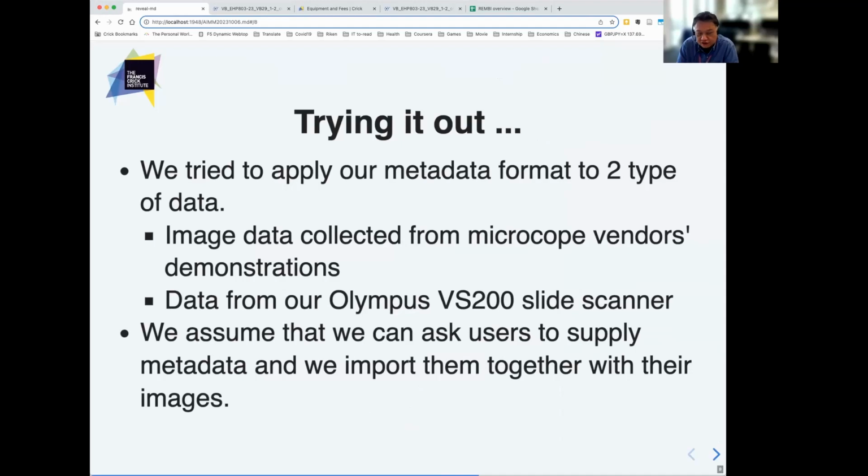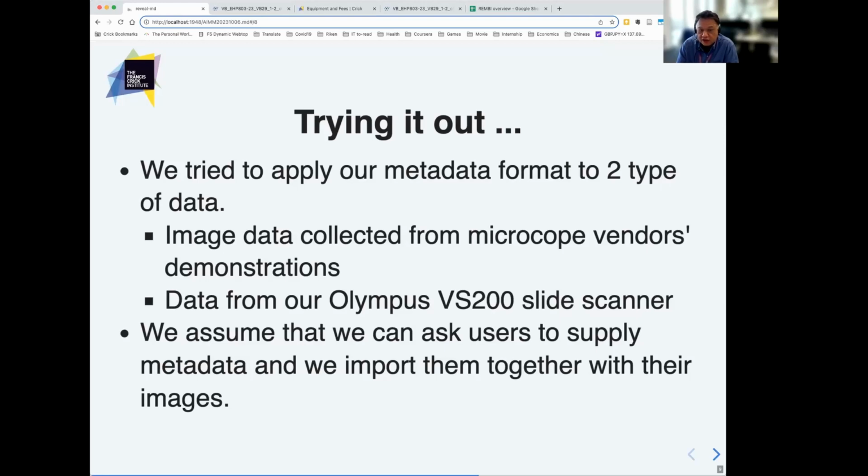A lot of our users use those microscopes and generate data and check them out. We collect a lot of that data, and we think this is a good way of using it to check whether our metadata format will work.